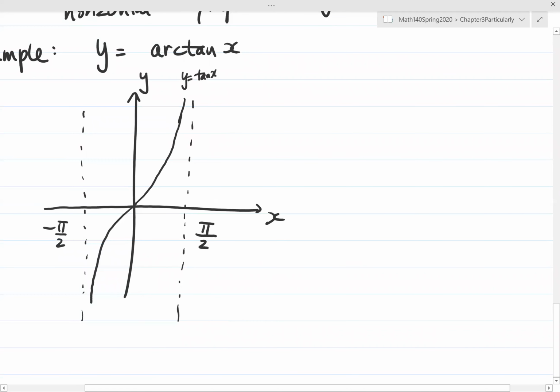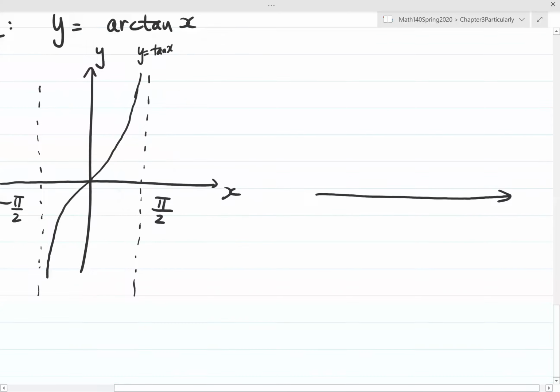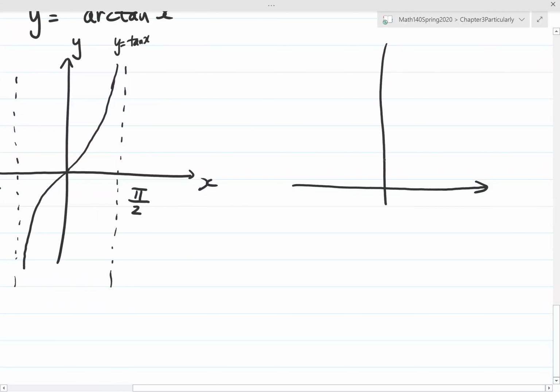Now, to plot arctan x, what we do is we flip x with y. We switch x with y, so we use symmetry, flipping this graph with respect to y equals x.